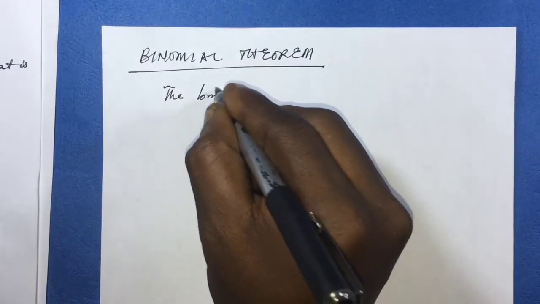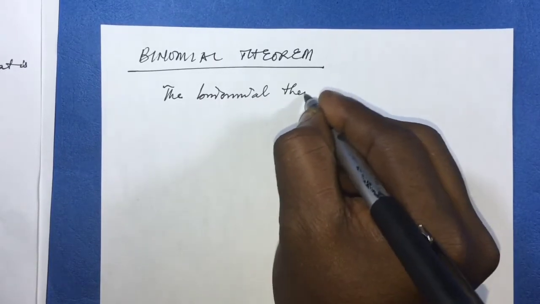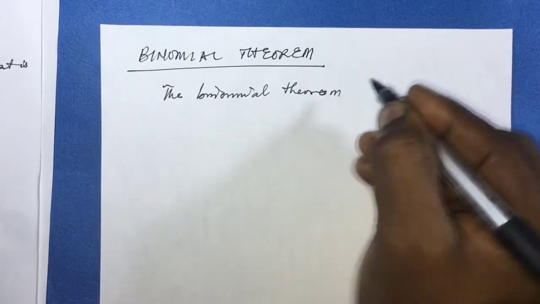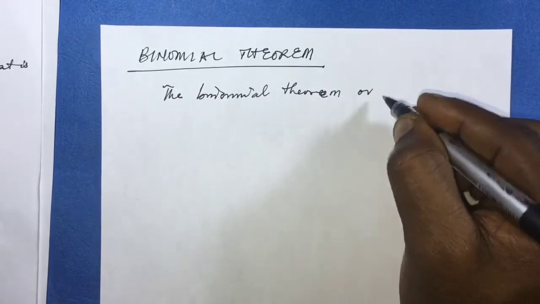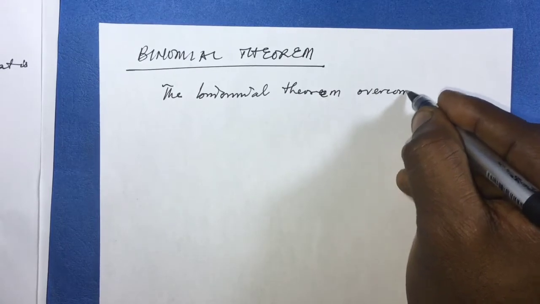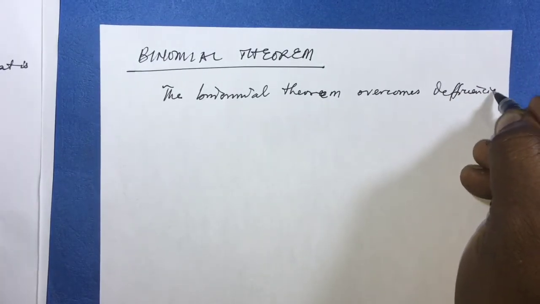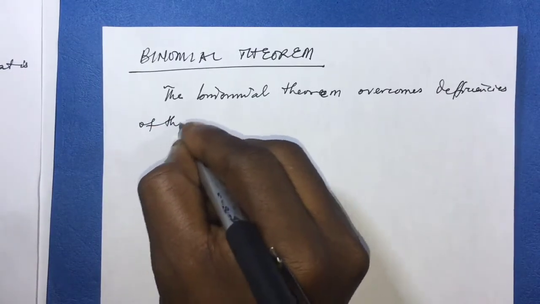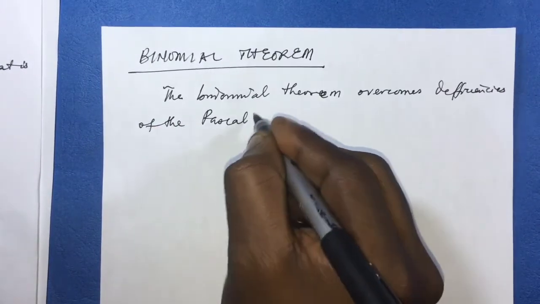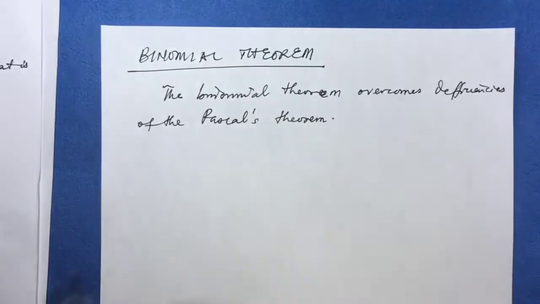The binomial theorem overcomes deficiencies of the Pascal's triangle, meaning that the binomial theorem is superior in its efficiency to that of the Pascal's triangle.